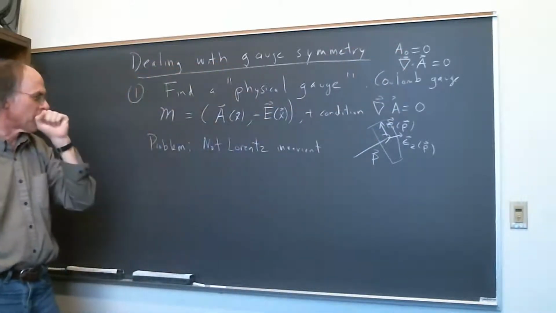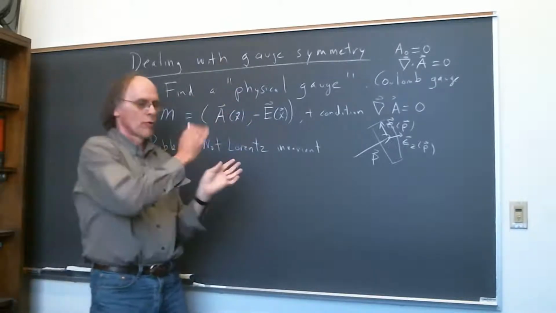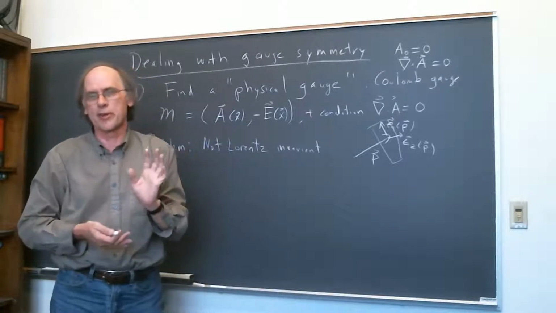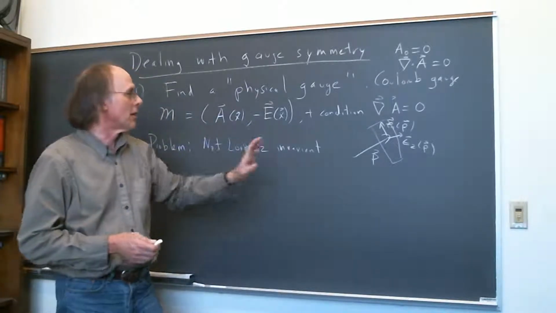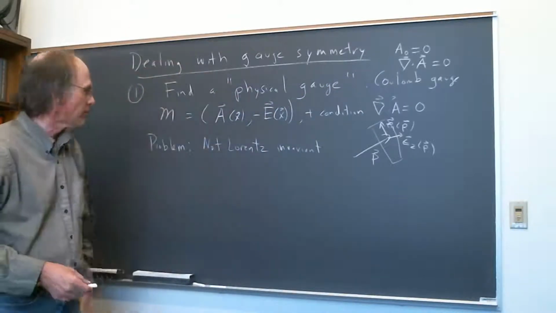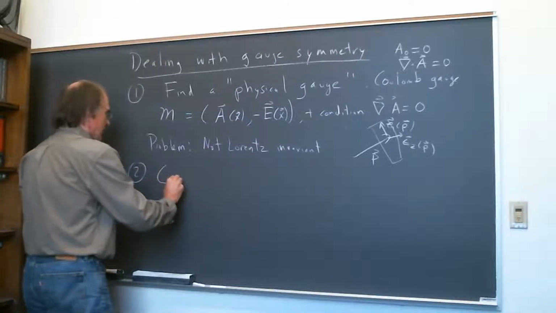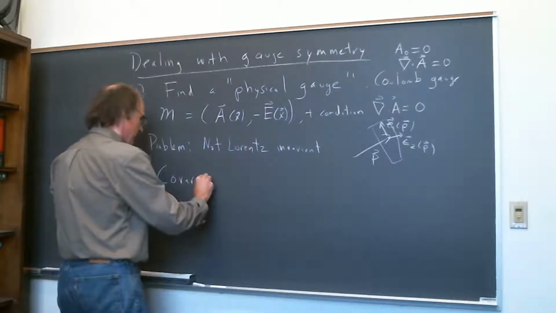So if you're trying to understand what Lorentz transformations do to this theory, whenever you do a Lorentz transformation, you also have to do a gauge transformation, and it becomes very tricky to figure out what's going on. So the next idea is a covariant gauge.